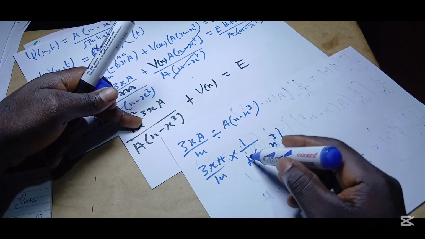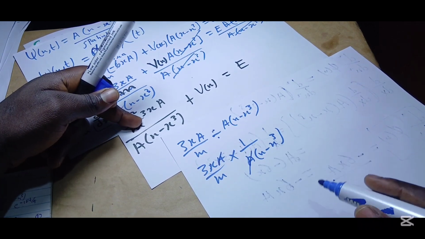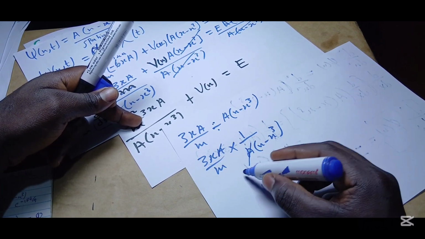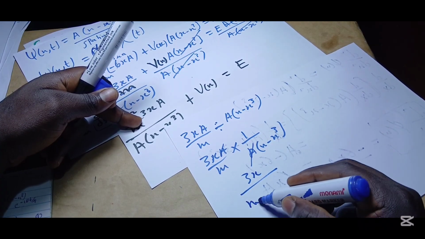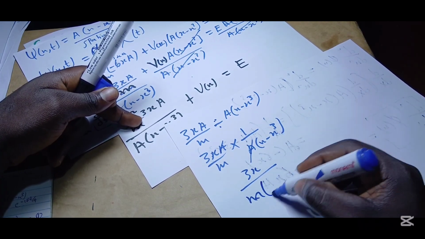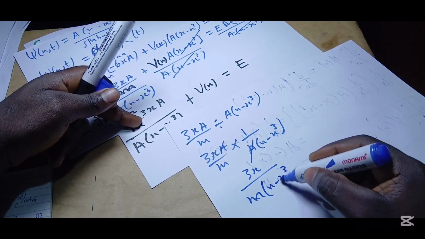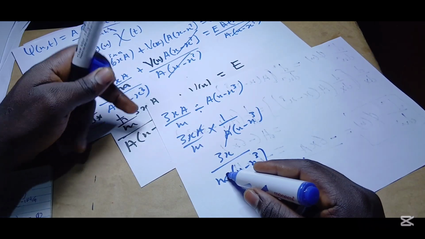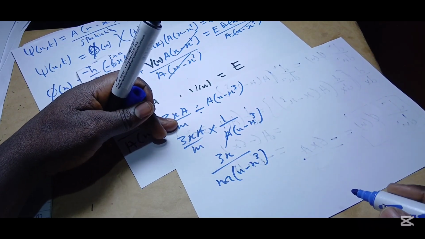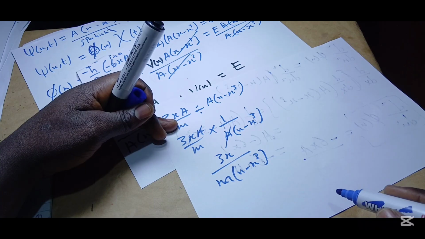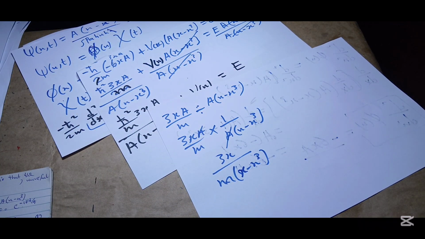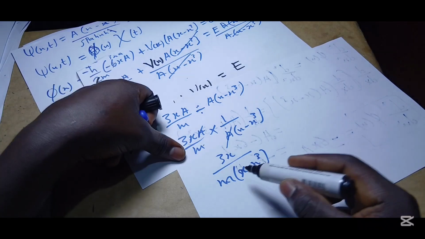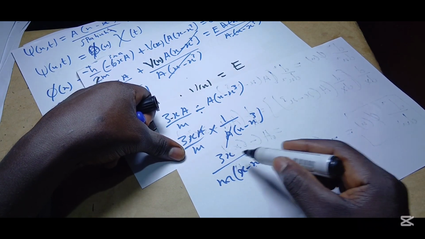So A can take care of A here. Then we are left with 3x multiplied by 1, giving us 3x all over m multiplied by x, into bracket x minus x cubed. So this is the term that we get here. We can go ahead and do cancellation for x.